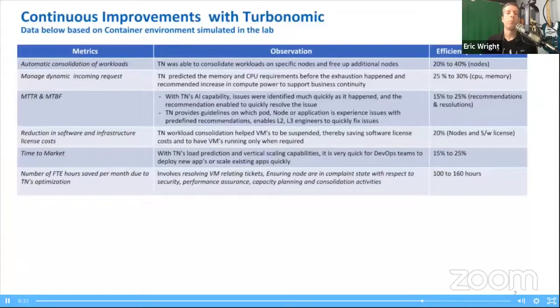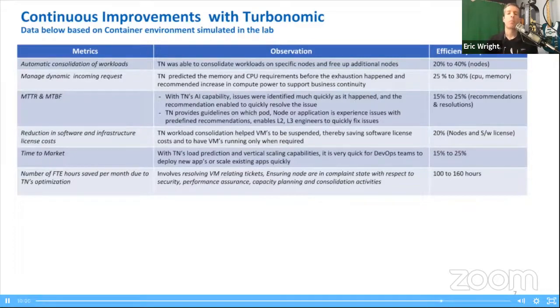Last but not least is the number of full-time employee savings. When Turbonomic was recommending a particular action, whether around performance, security, or workload consolidation, the action is already defined. That means as a full-time employee, I will spend less time finding out the issue.